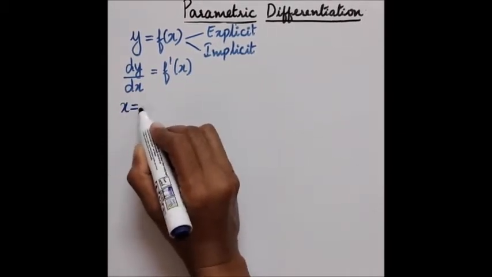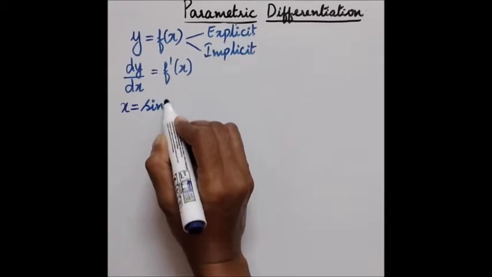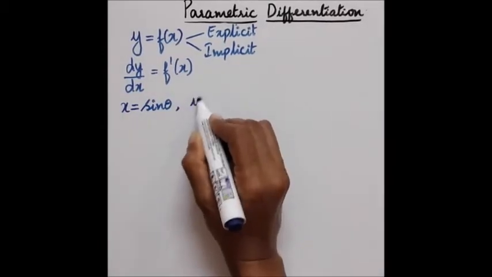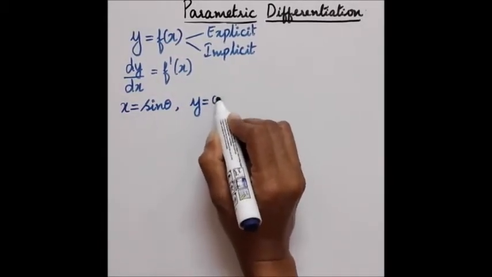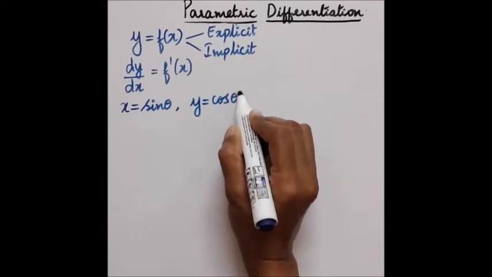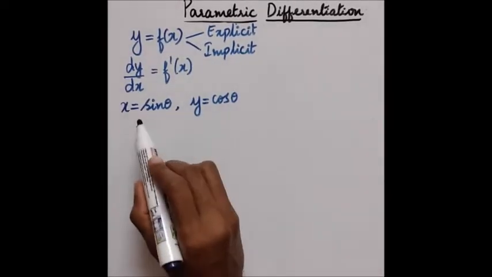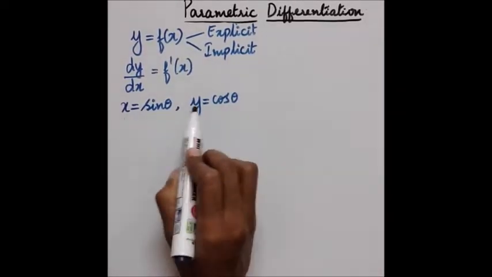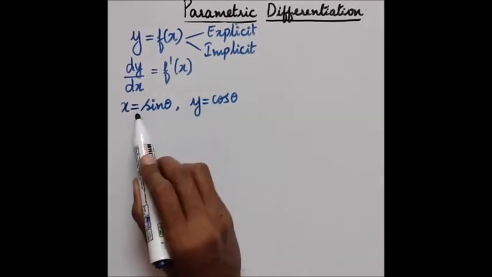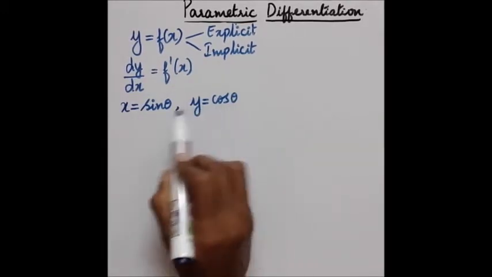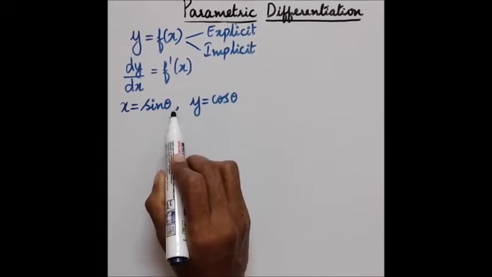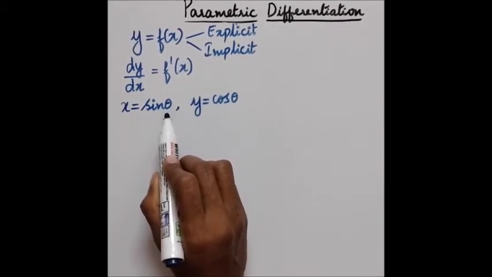Now observe this. x is equal to sine theta and y is equal to cos theta. Here you can observe that x and y are expressed as two different functions of a third variable, that is here theta.